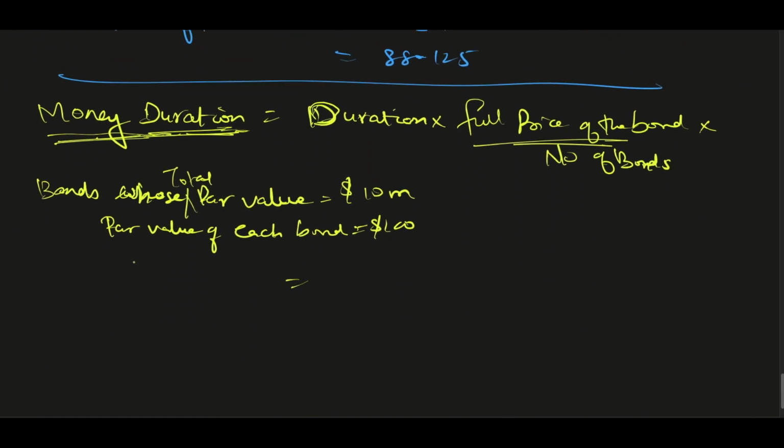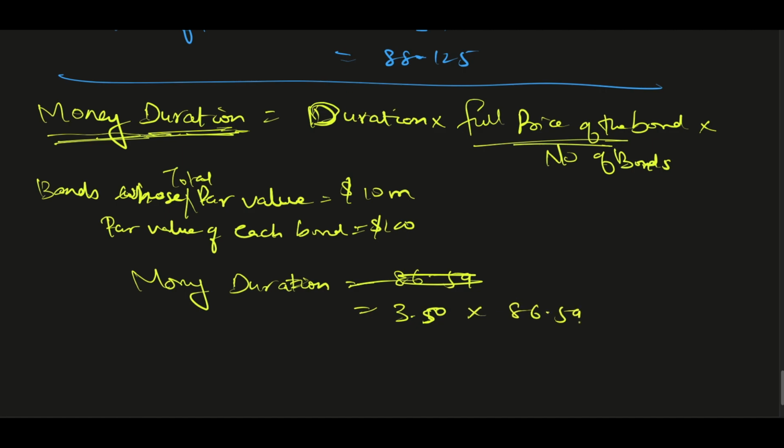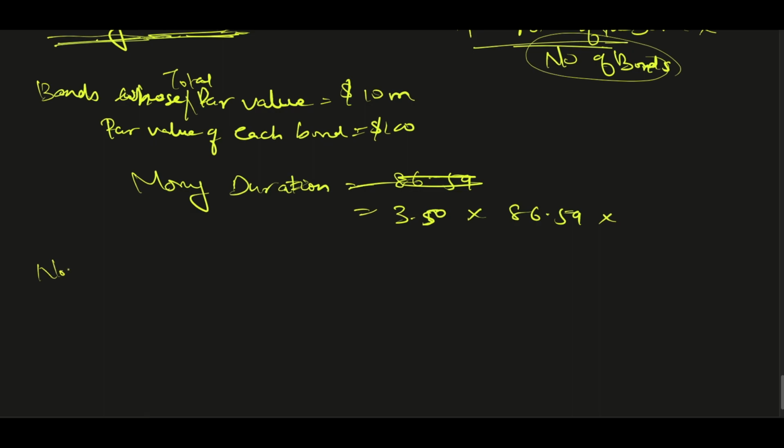So here money duration now is equal to duration, which was 3.50, into full price 86.59. Now I need to calculate number of bonds. So how will I calculate it? Number of bonds is equal to $10 million divided by $100.